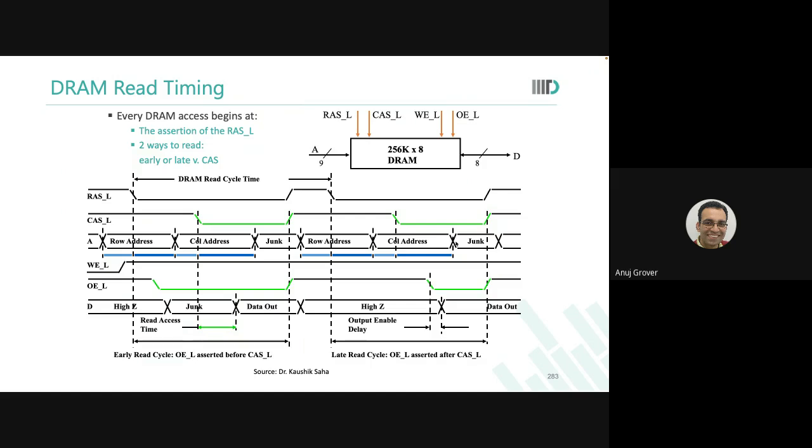Then early read. When we talk of delay, we will talk of CAS throughput delay. But in late read, when we talk of delay, you will talk of OE throughput delay. There are two different paths, and therefore the delay values are also very different. Is this clear? Any questions about it?